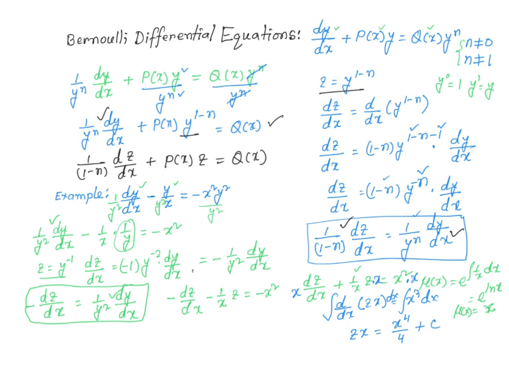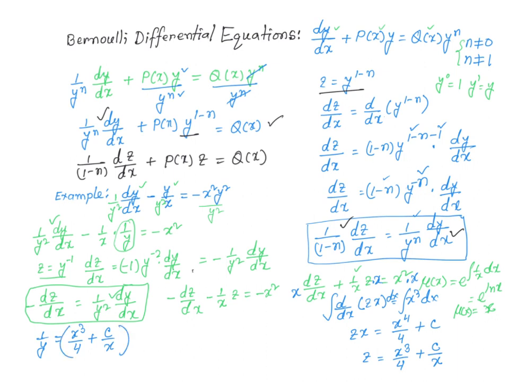Now if I divide both sides by x, I'm going to get z is equal to x cubed over 4 plus c over x. However, there is no z. z was a substituted value, but z is 1 over y. So 1 over y is z, so 1 over y must be equal to x cubed over 4 plus c over x.